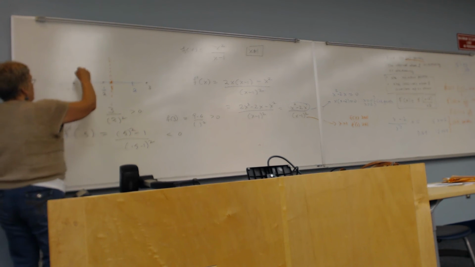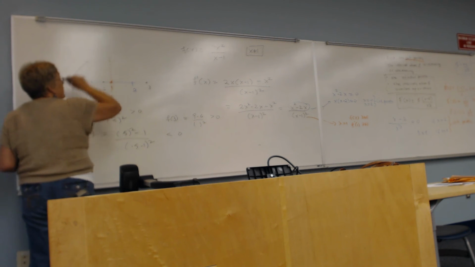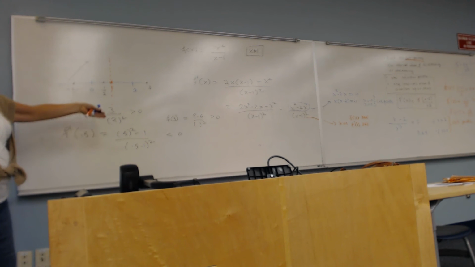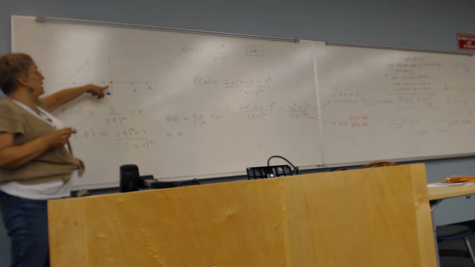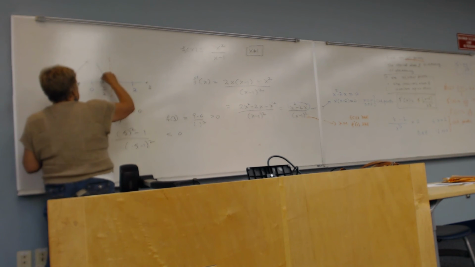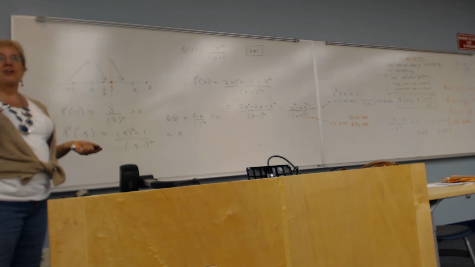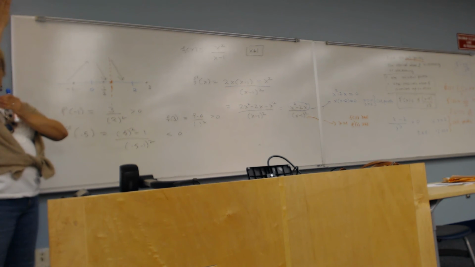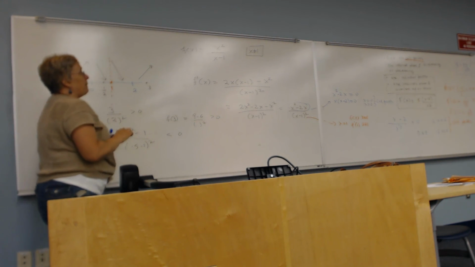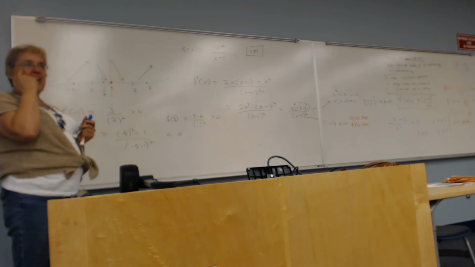So the function is increasing, then decreasing, but keep in mind that we have an asymptote at the point 1, where the function goes to infinity. So it's decreasing, and it's decreasing again past the asymptote, and then it's increasing.